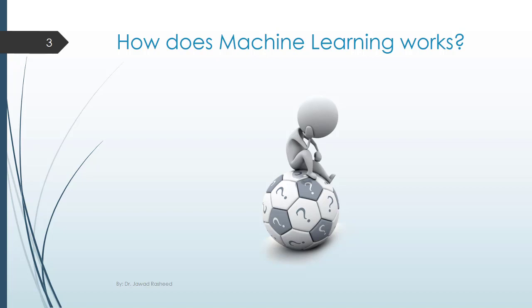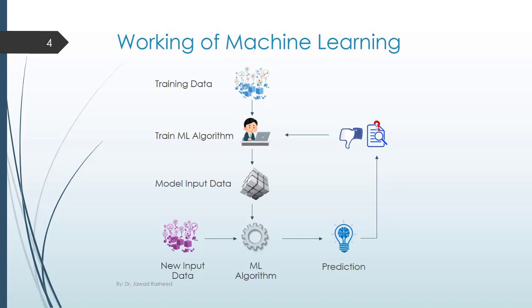So, what do you think? How does machine learning work? Okay, let me tell you. Well, machine learning is a subset of artificial intelligence that focuses mainly on the design of systems that can learn from and make decisions and predictions based on some experience, which is data in case of machines.